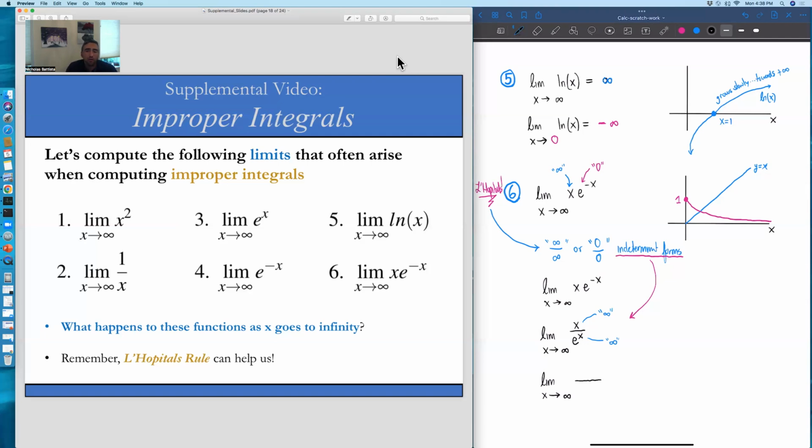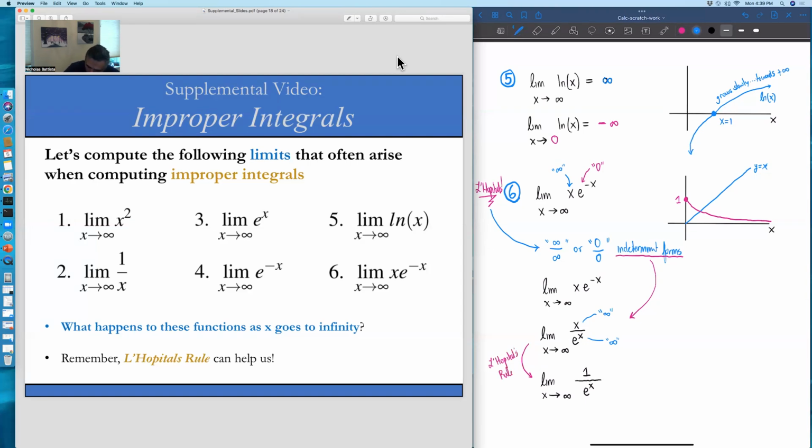So it's really about the change of these functions. In the numerator, taking the derivative of x just gives us a 1. In the denominator, taking the derivative of e to the x gives us an e to the x. Now when we reassess this limit after one application of L'Hopital's rule, we ask what's happening in the numerator and what's happening in the denominator.